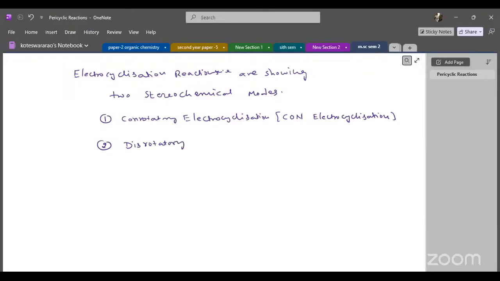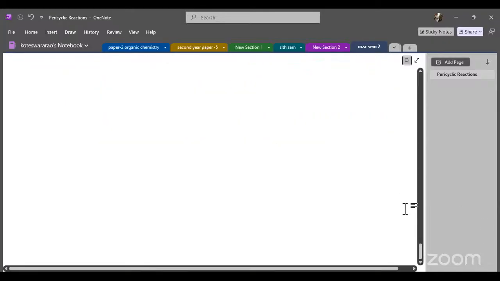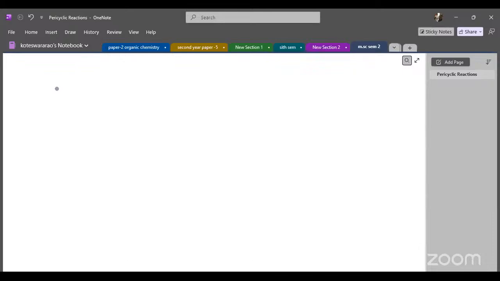The second one is disrotatory electrocyclization. It can be represented as DIS, capital, electrocyclization. Then coming to the examples, you can take the first step.